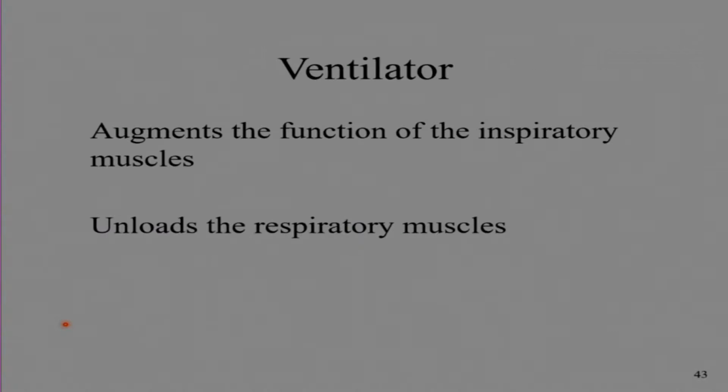You need to treat that, and then you need to have a ventilator. The function of the ventilator is to augment the function of the inspiratory muscles and unload the respiratory muscles. That is the function, whether it's invasive ventilation or non-invasive ventilation.